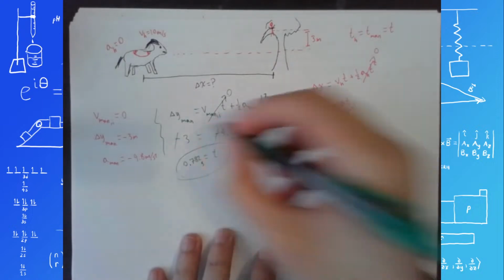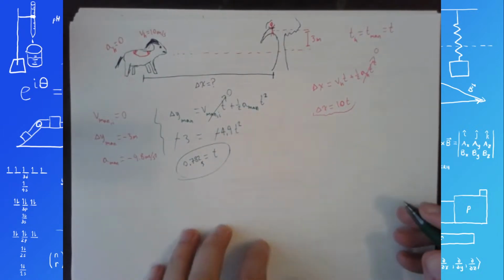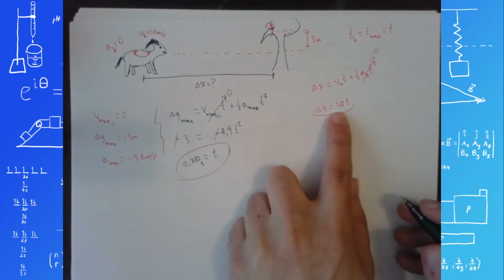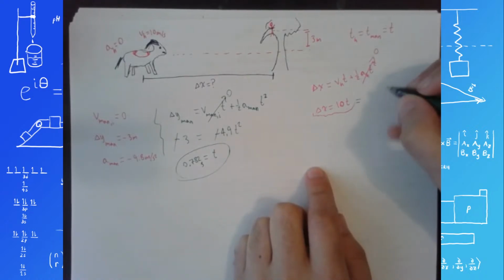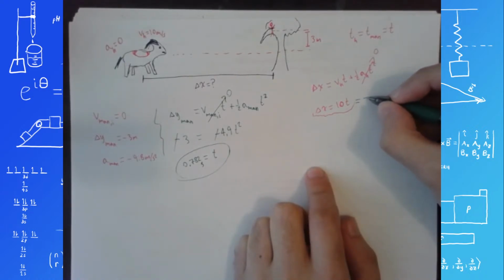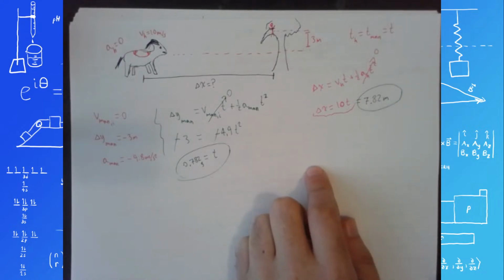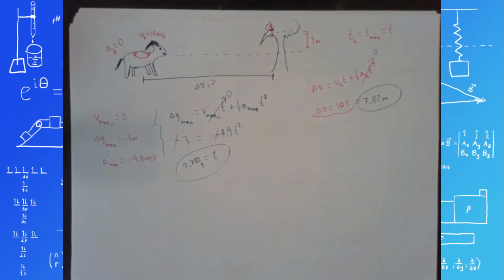Okay. And then delta x, if I plug that in, 10 times 0.782 tells me delta x would have to be 7.82, and I guess that would have to be in meters, since the horse was moving in meters per second. And there we go.